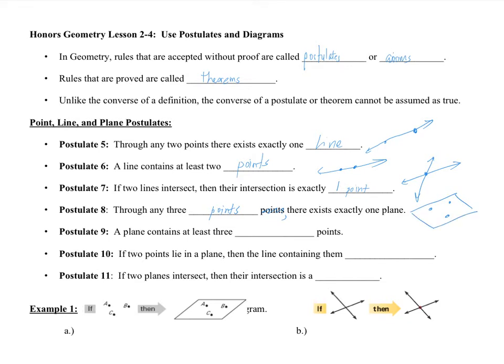Postulate number 9, a plane contains at least 3 non-collinear points. So as you can see in this picture here, these 3 points are non-collinear. Postulate number 10, if 2 points lie in a plane, then the line containing them lies in the plane.